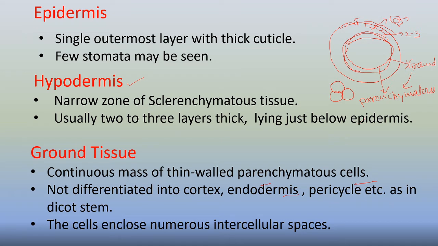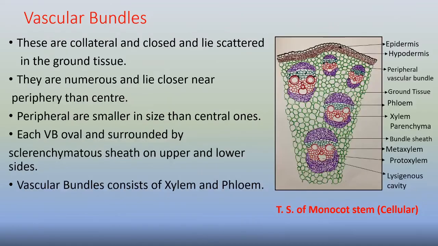So, next we will see the vascular tissues. The vascular tissue or the vascular bundles that are present here. This is a very clear cut cellular figure which shows you each and every tissue here. So, we will again revise. This is the cellular figure in which the cellular details are given.